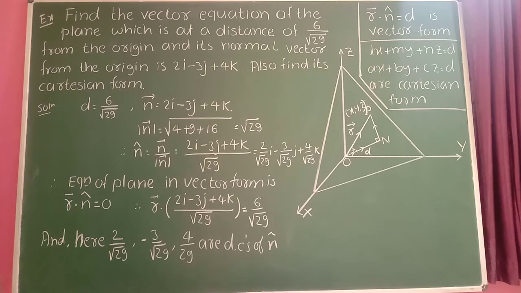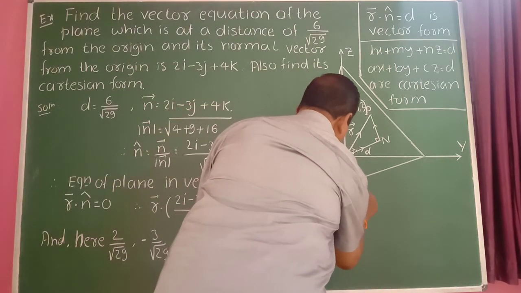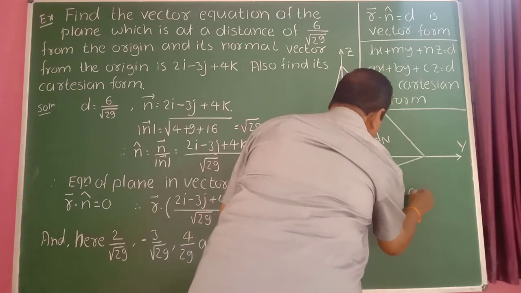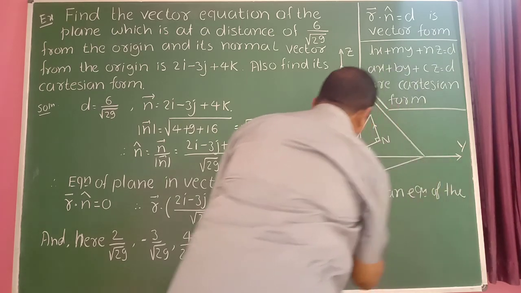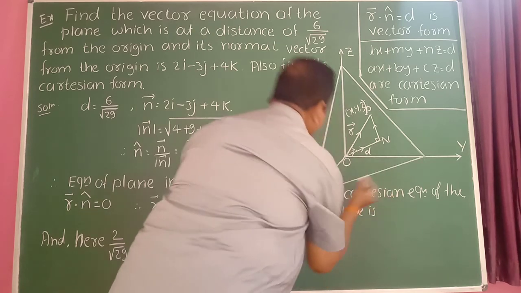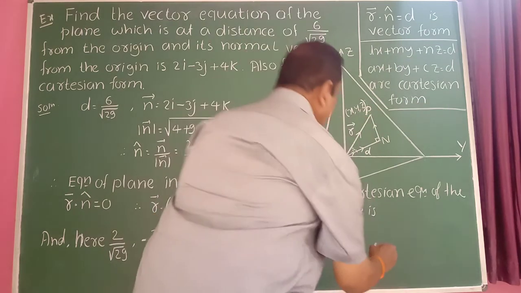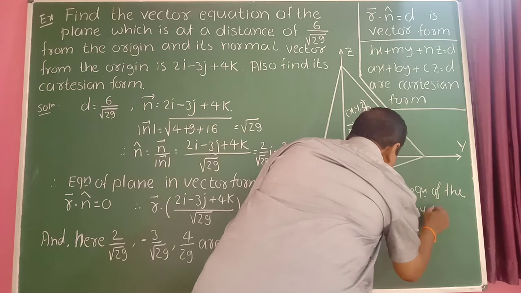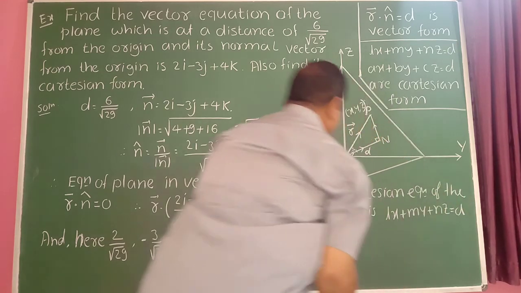Therefore, the Cartesian equation of the plane is lx plus my plus nz equal to d. So l into x plus m into y plus n into z is equal to d.